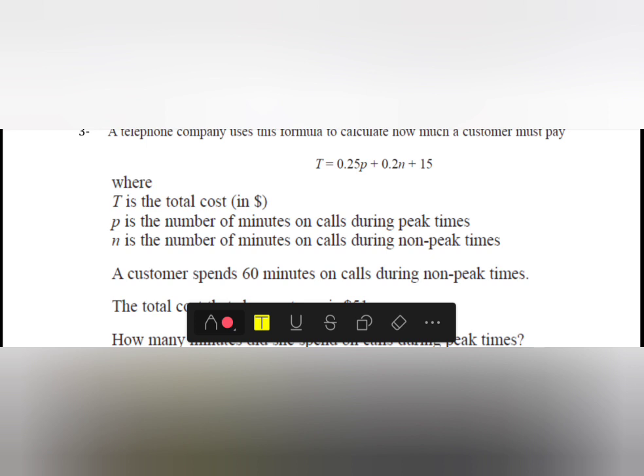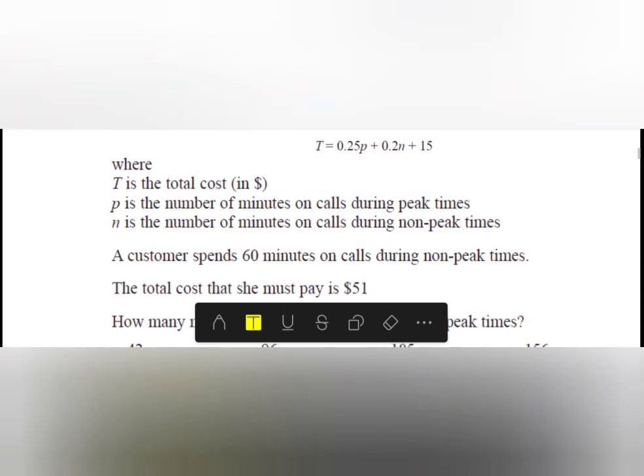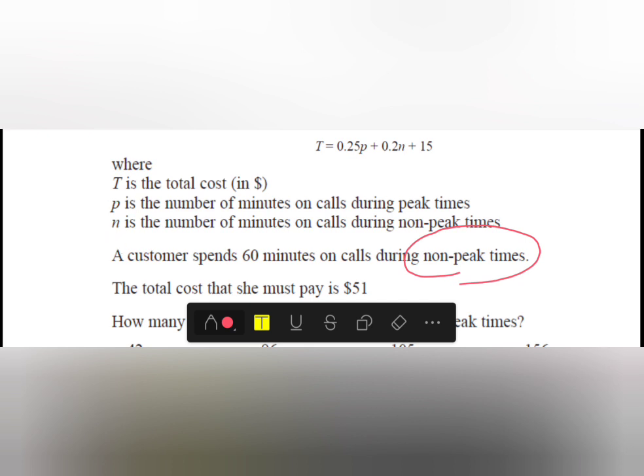Now the question says what? A customer spends 60 minutes on calls during non-peak time, which is the N here. So N equals what? Very good, 60. So I'm going to say N equals 60.